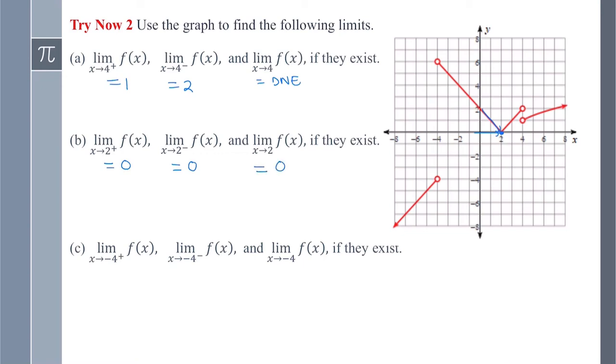Now similarly, the limit of f of x as x approaches -4 from the right. So this is -4 right here. When x approaches -4 from the right, this is the graph going from the right. So the function is approaching this value, which is 6.